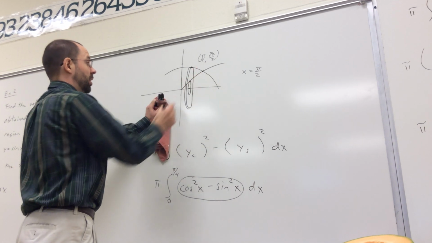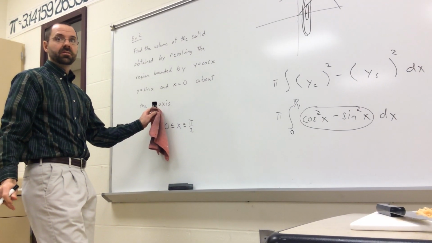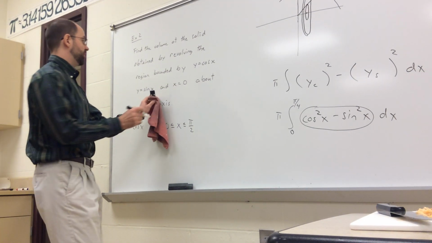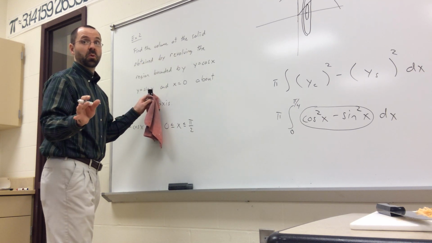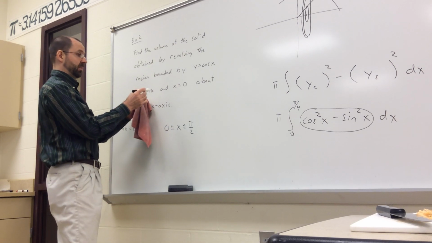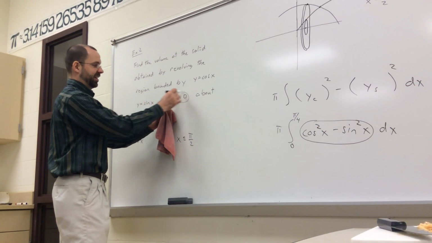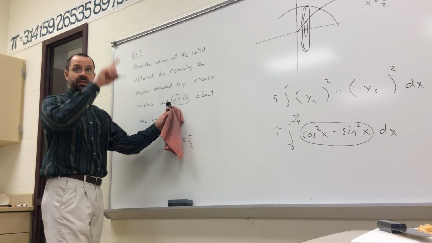Oh, this? Yeah. The x-axis was never mentioned in the bounding. So remember, we have to ignore that unless it's mentioned. Now, the y-axis was mentioned. Well, they mentioned it as x equals 0. So that's why that is part of the bounding.